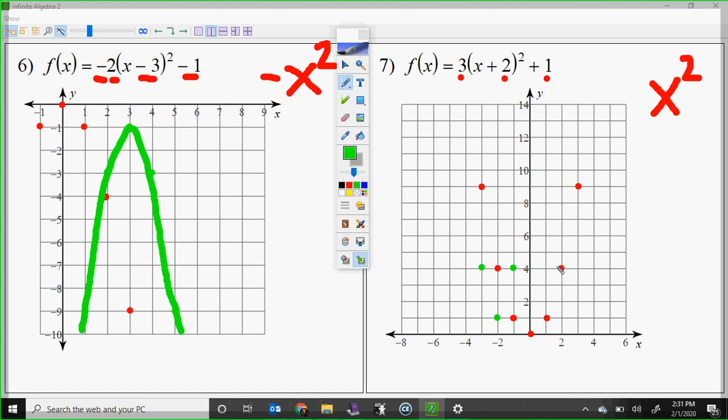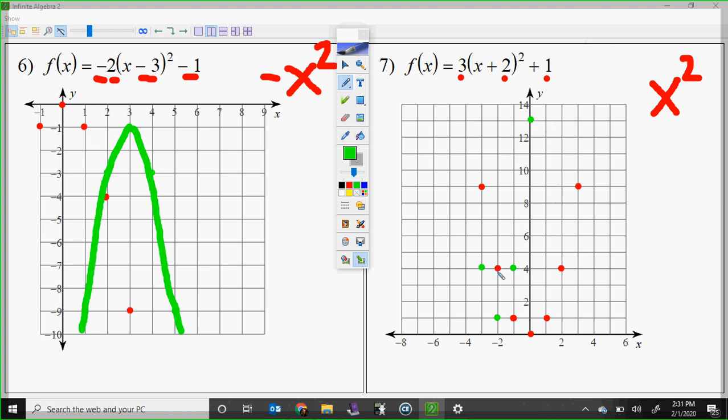This one has a y value of 4. 4 times 3 is 12, so that shoots me way up here to 12. And then I'm going to go left 2, up 1, put a point. And I'm not going to bother with this one because 9 times 3 would give me 27, way off my graph. I'll move over to this point, which should be a y value of 4.